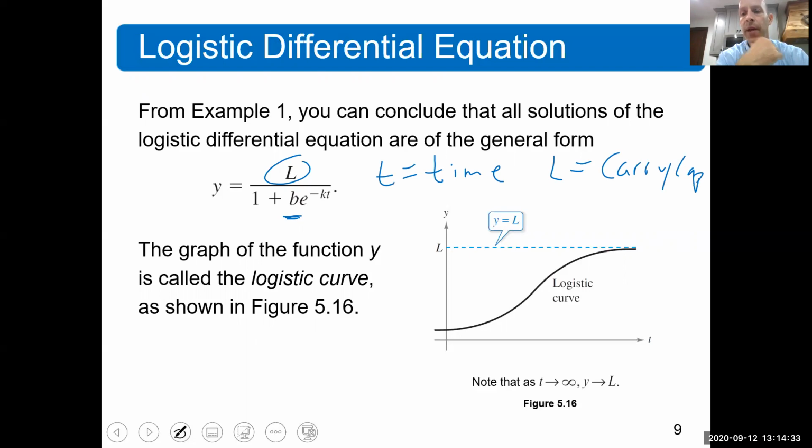When you change b, how does it change the curve? And number two, what does k do to the curve? I would encourage you, if you are really interested in this, and this is a very useful application of differential equations, to figure out how those constants affect the shape of this curve.